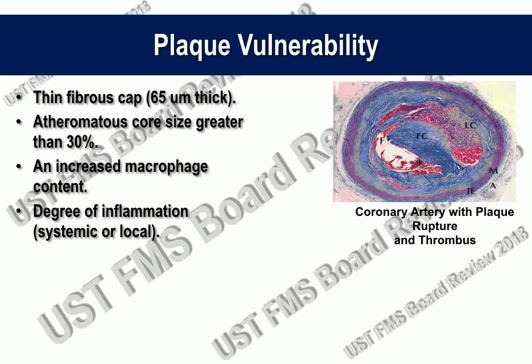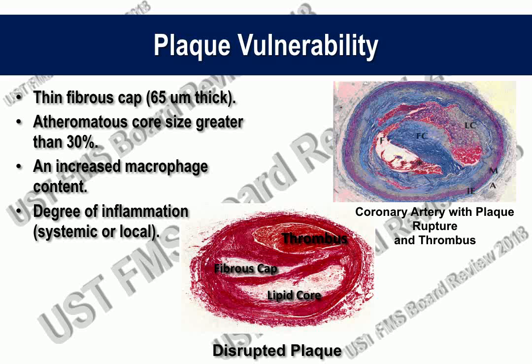So this would be an example of a coronary artery cross-section with the plaque rupture. You can see the lipid core, the fibrous cap, and the thrombus in the lumen. Another picture of the disrupted plaque with the thrombus there, the thin fibrous cap that has in fact ruptured, and the lipid core.